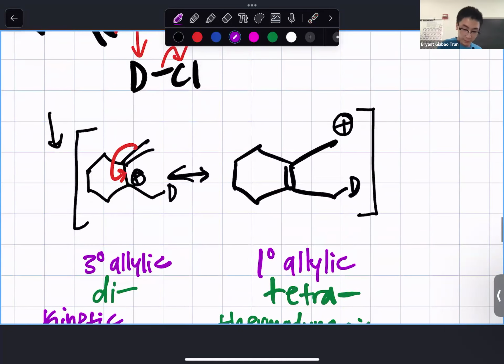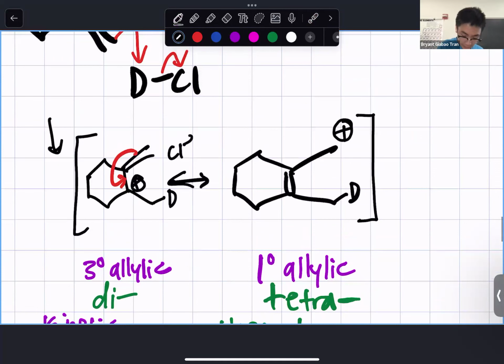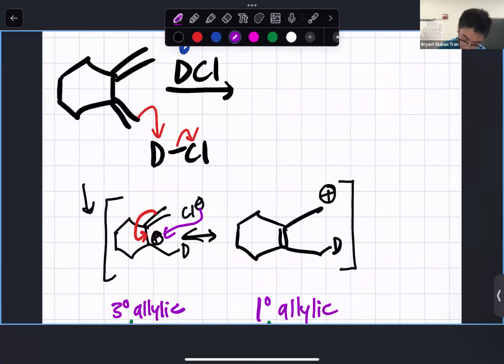To finish up this reaction, let's say the Cl minus comes in, attacks that carbocation, and gives us this kinetic product here.